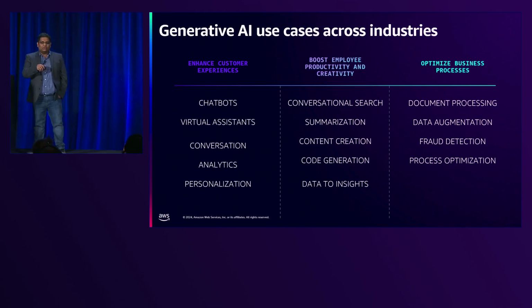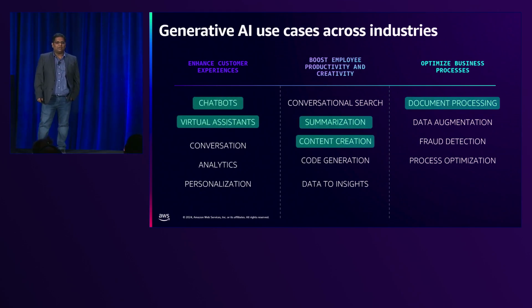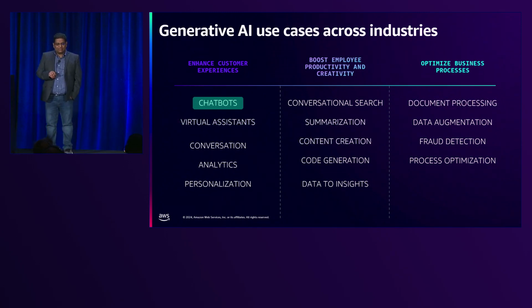You will see some of those use cases here. As part of this session, we are going to cover these five broad use cases, and we'll see how that can also be applied to different use cases. I'm pretty sure you'll see the applicability of these patterns everywhere you can think generative AI can help. So let's start with the simplest one, chatbots.